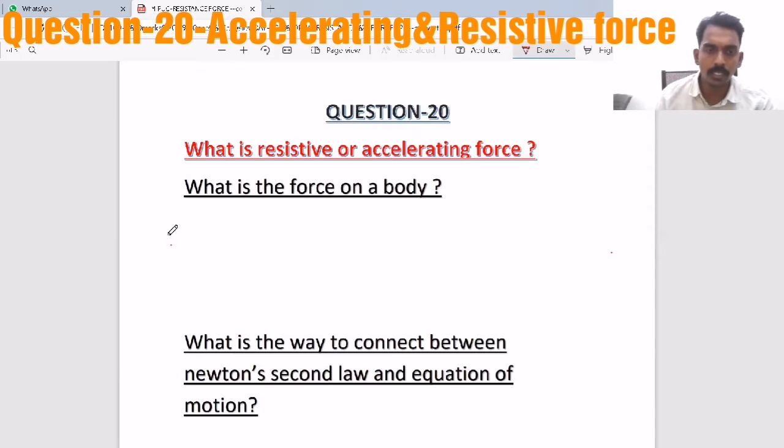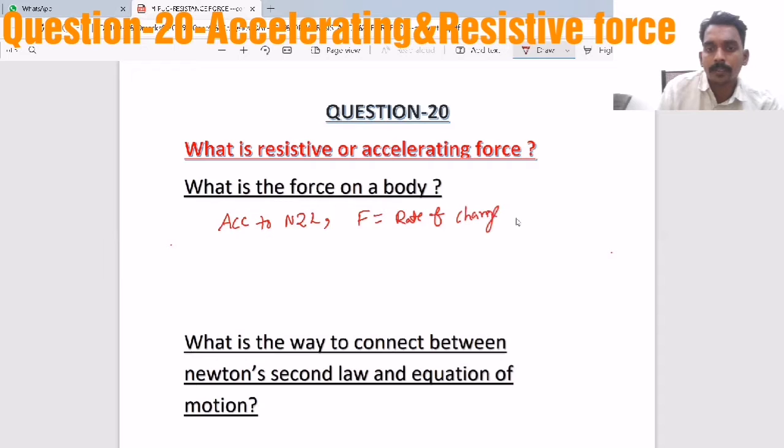To solve the questions based on this, the very first thing is what is the force on a body. According to Newton's second law, the force is the rate of change of linear momentum. If you consider average force, that is delta P by delta T, and if you consider instantaneous force, dP by dt.